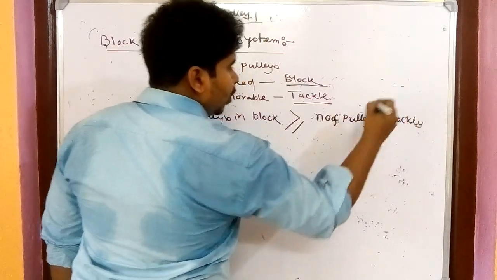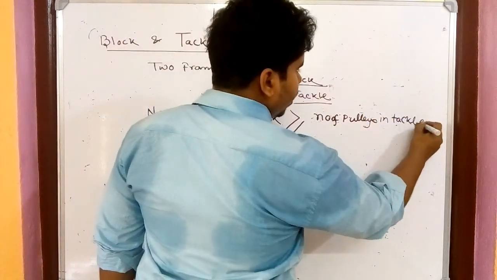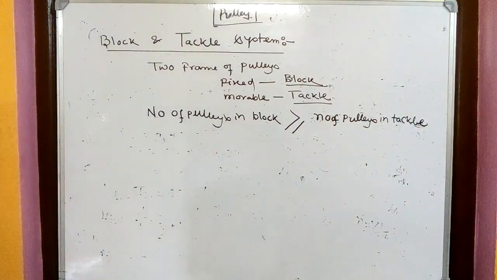That is the one and only important condition of block and tackle system. Number of pulleys in block should be either greater or equal to the number of pulleys in tackle. Means the number of pulleys in tackle will either be less than the number of pulleys in block, or equal to the number of pulleys in block.